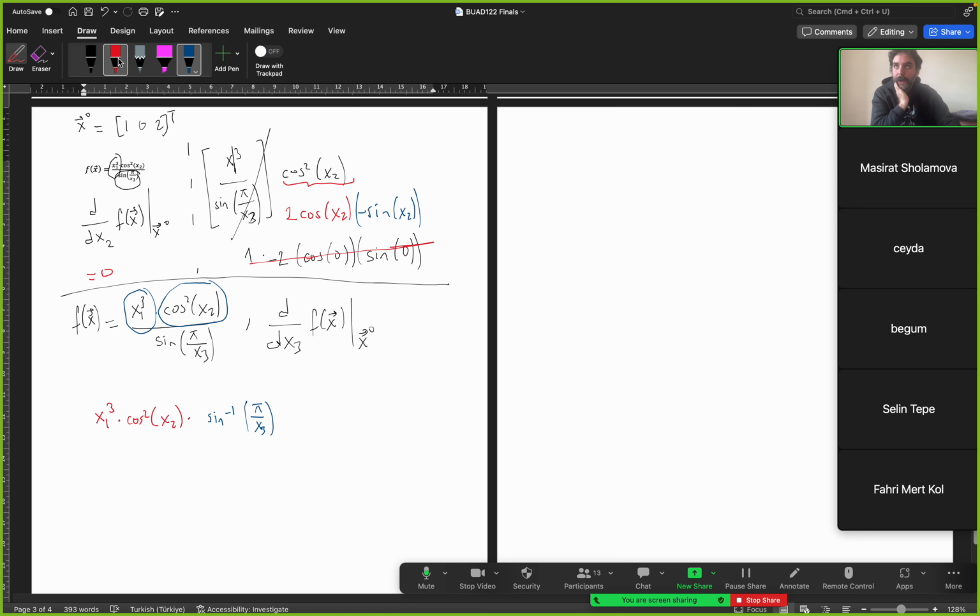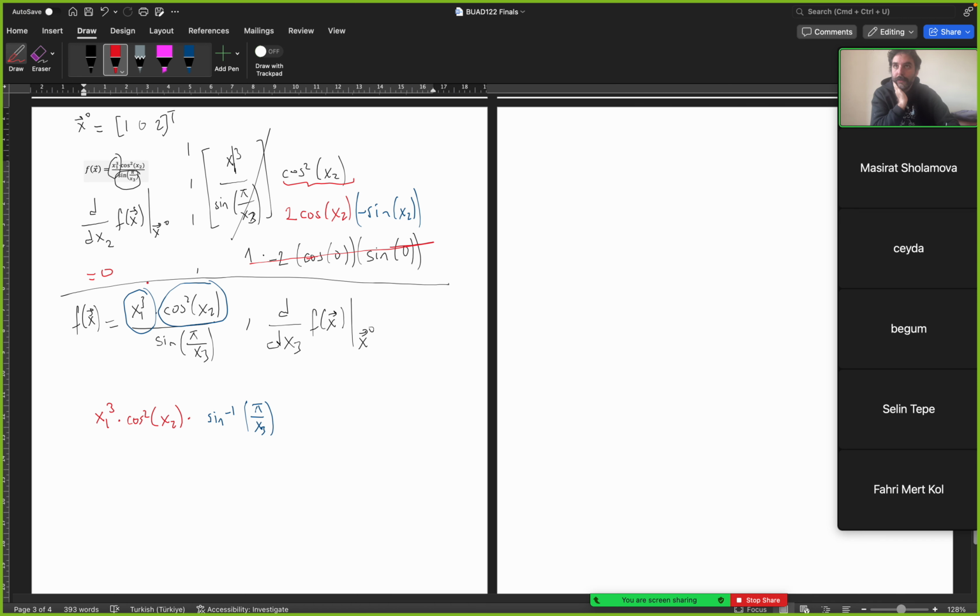So now I'm going to differentiate this, and when I differentiate it, I will just preserve this first chunk as is. So it's going to be x1 cubed times cosine squared of x2. Then I'll just write down the power, negative 1.